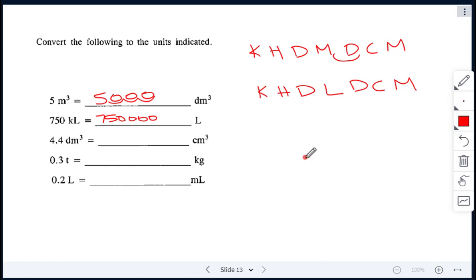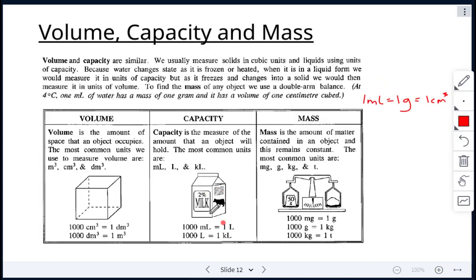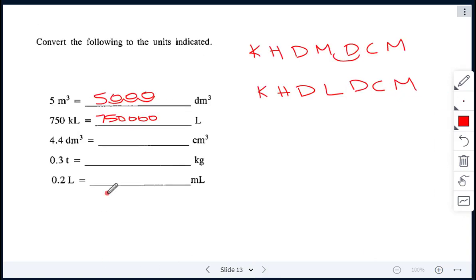The other method you could have used here is we could use our conversions that were given. 1,000 liters is equal to 1 kiloliter. So you can set it up like a ratio like we were doing previously. So 1,000 liters is equal to 1 kiloliter.